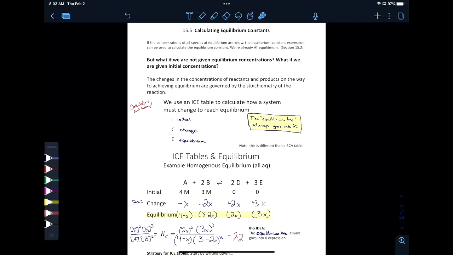BCA tables we used to determine limiting reactants when we studied reactions that had just single irreversible arrows. So for irreversible reactions, we used a BCA table. But with chemical equilibrium, we use ICE tables, with those double arrows. They are constructed basically the same, where the change line is dictated by stoichiometry.